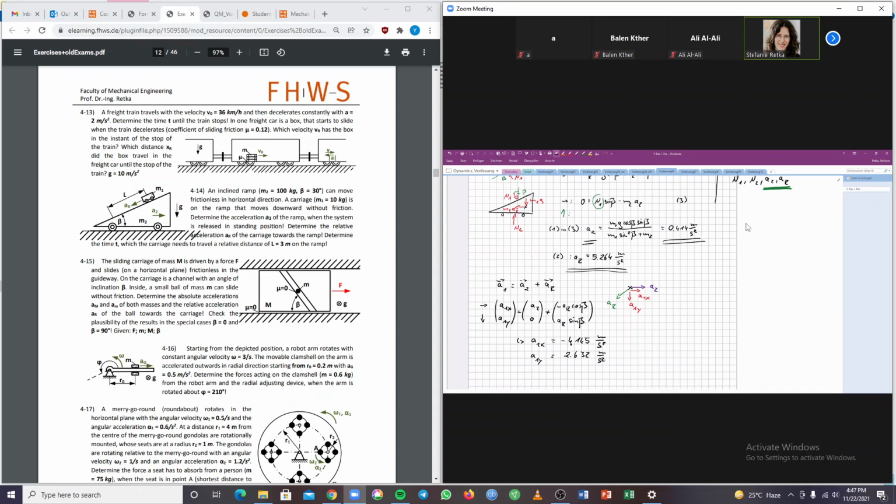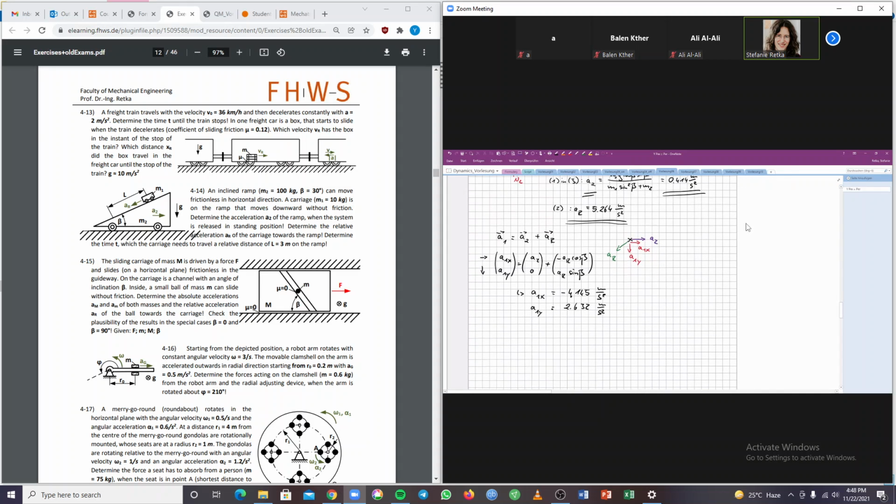Okay. Now for the second part, we had to find the time the carriage needs to travel a distance of 3 meters relative to the ramp. This means, first of all, we can state the equation for the relative velocity.